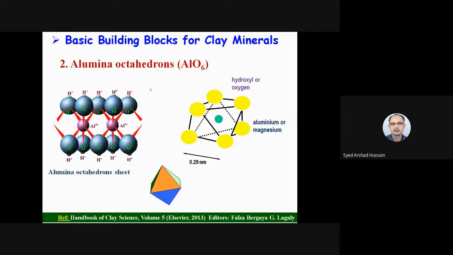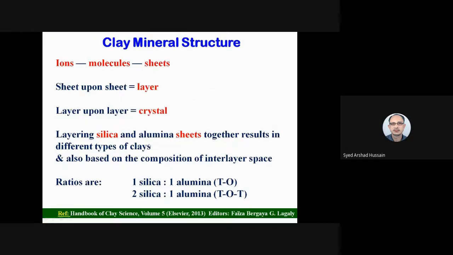Similarly, this is alumina octahedrons. You can see this is the unit of the aluminium or magnesium octahedron. These repeat units form the octahedra sheet. So ions and molecules form a sheet, either octahedra or tetrahedra. Then sheet upon sheet forms a layer, and layer upon layer forms a crystal.